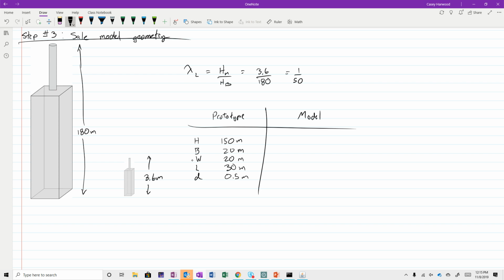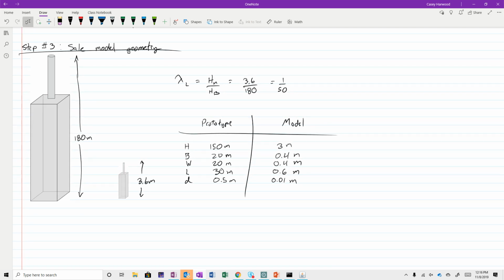At model scale, this works out to 3 meters, 0.4 meters, 0.4 meters, 0.6 meters, and then a smokestack diameter of 0.1 meter or 1 centimeter. So everything gets scaled down by the same 1 by 50 scale factor.